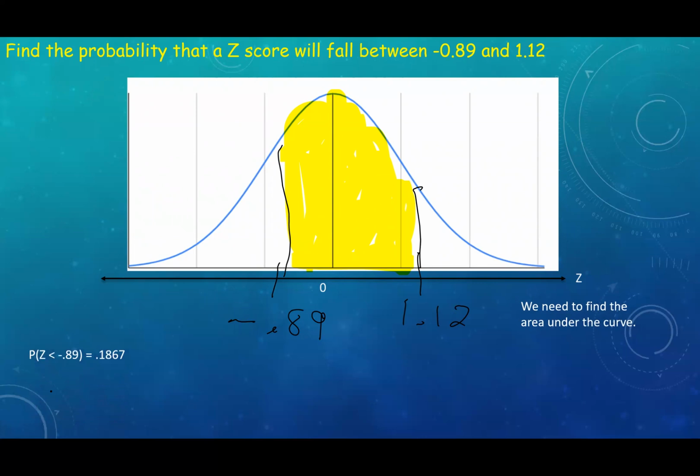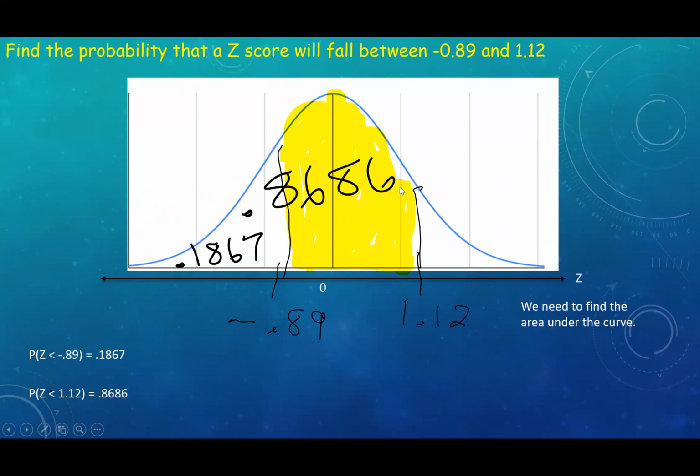All right. So the probability of less than negative 0.89, that's all this area here, is 0.1867. And the probability to the left of 1.12 is 0.8686. So from this partition all the way to the left, all this is 0.8686. So if we subtract, if we do the 0.8686 minus 0.1867, that'll give us this yellow area.